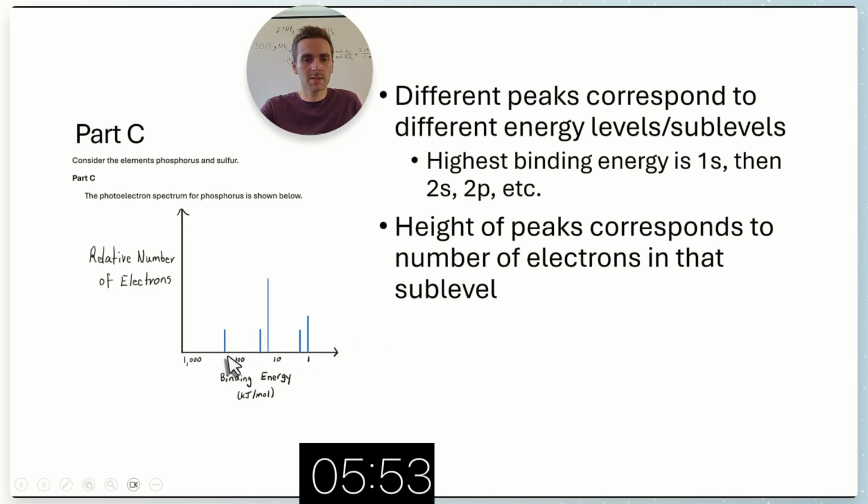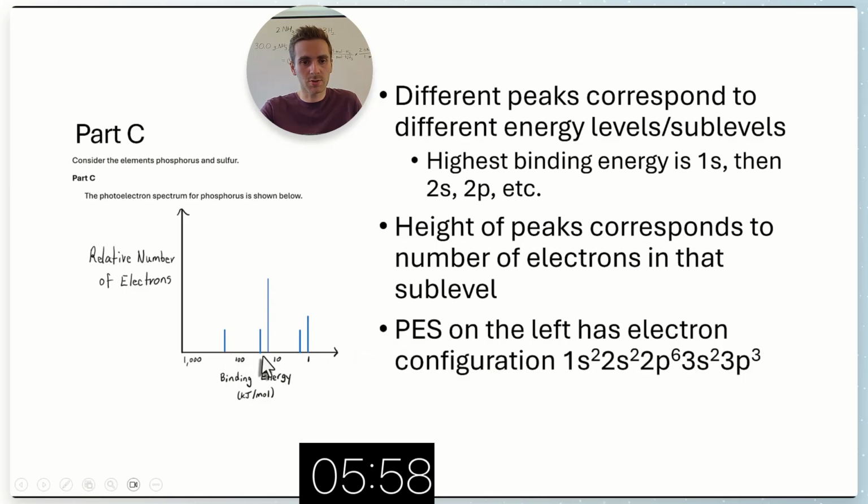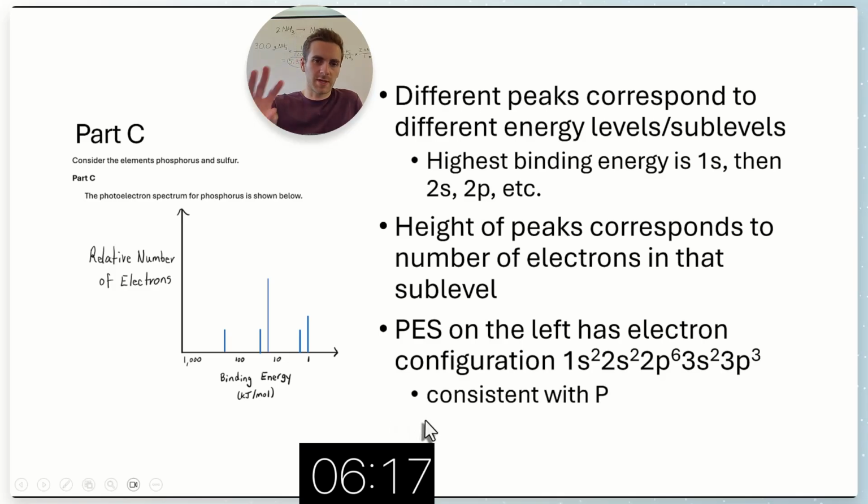So looking at this, it seems that the electron configuration is 1s2, 2s2, 2p6, 3s2, and then 3p, probably 3, estimating based on the height, which is what it should be considering that this is the photoelectron spectrum for phosphorus. Okay, so that doesn't really answer the question, but that's just giving you a little bit of context if you're not familiar with what photoelectron spectra look like.